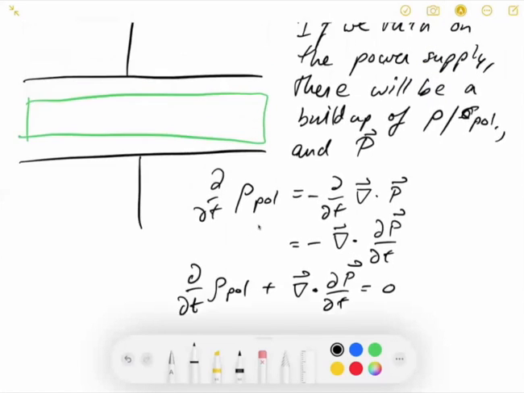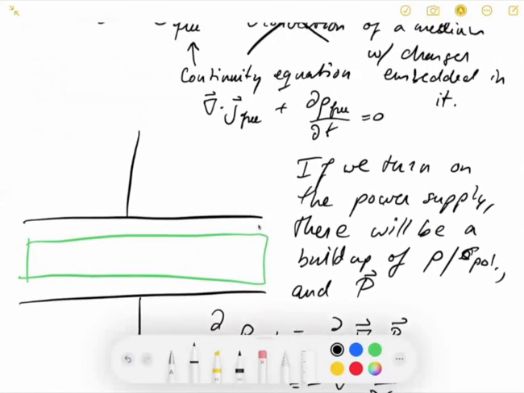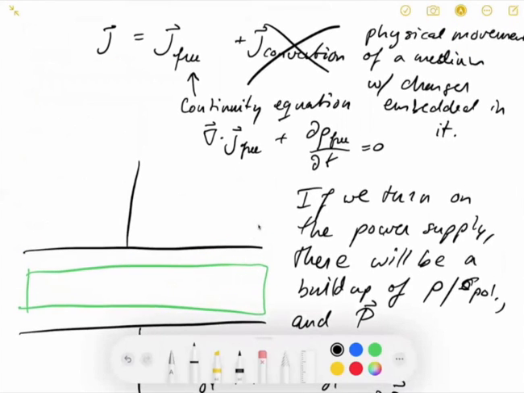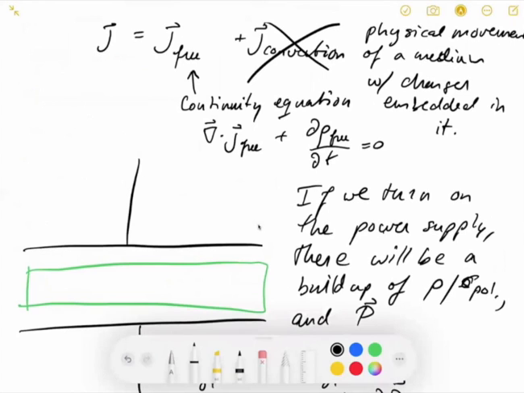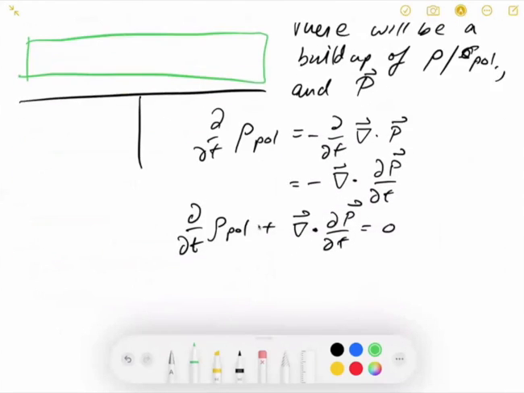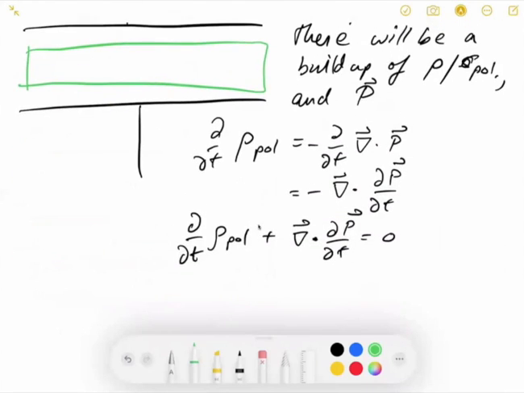Okay, that looks very similar to our continuity equation, right? You see that continuity equation is here. And now we have a similar equation here for the polarization charge, so not free charge.